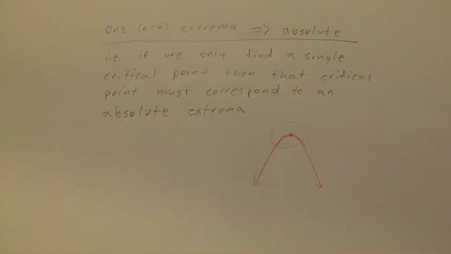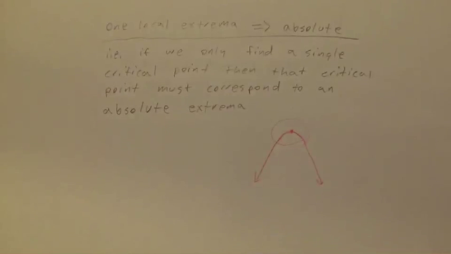So we're going to use that to really help us, because in a lot of these problems, we're going to only find one critical point. And so that critical point from this theorem, I didn't write the theorem explicitly here, but this theorem basically tells us if we find that one critical point, then it must correspond with what we're looking for. Okay.